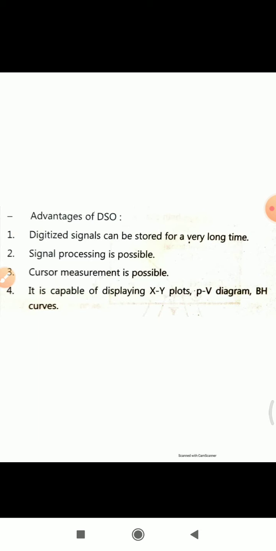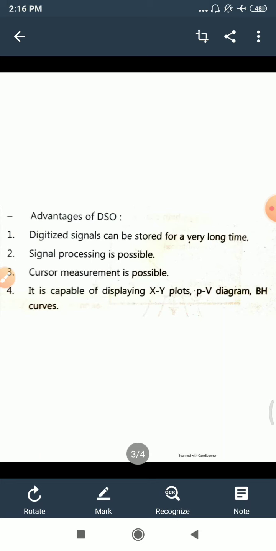Second one, signal processing is possible. The DSO has the power to process the signal further. Third one is that cursor measurement is possible. Whenever you operate this DSO, you have X and Y cursors. You can adjust the knobs of these X and Y cursors.